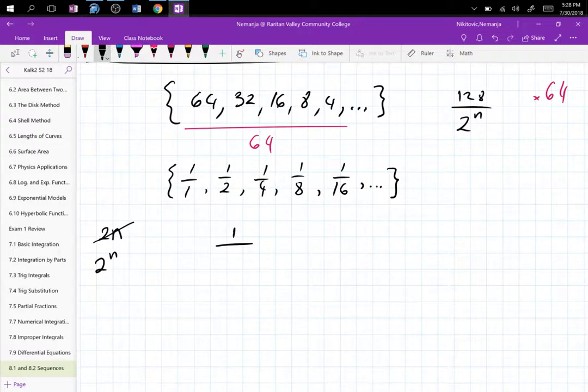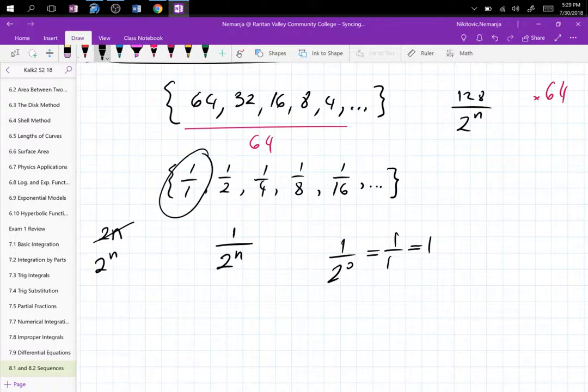So all even numbers if you use 2n. Now 2 to the n, well, that might work, right? So 2 to the n, and now you start placing your values to check. So the first value is 0, so 1 over 2 to the 0 is 1 divided by 1, which is equal to 1. It checks on the first.